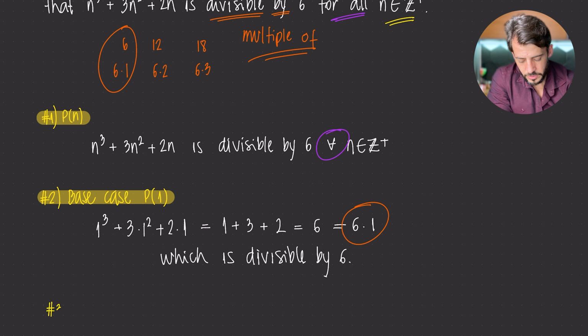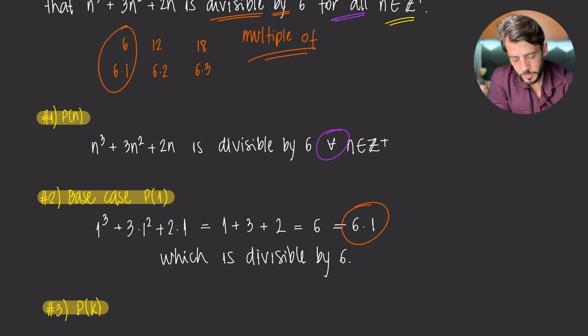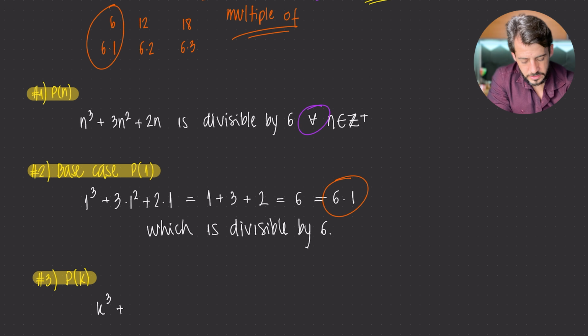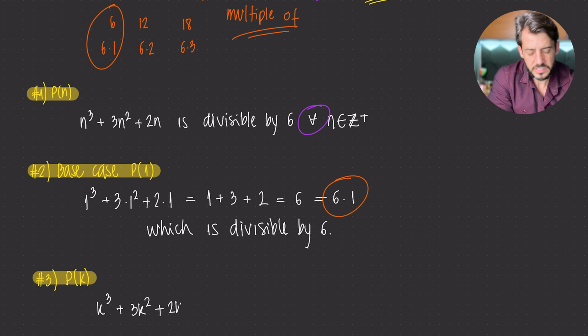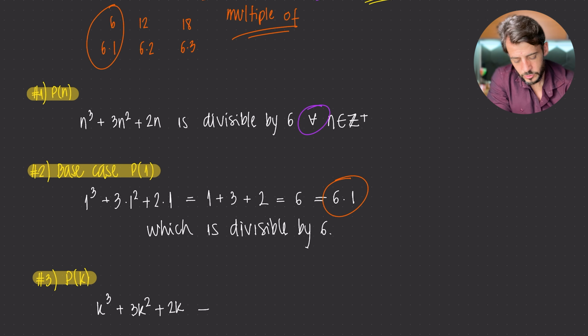On to the third step, which is the inductive hypothesis. We're going to replace our n's by k and state that this number right here is a multiple of 6 or divisible by 6. So we're going to write that this is the same as 6 times a, a being any positive integer.